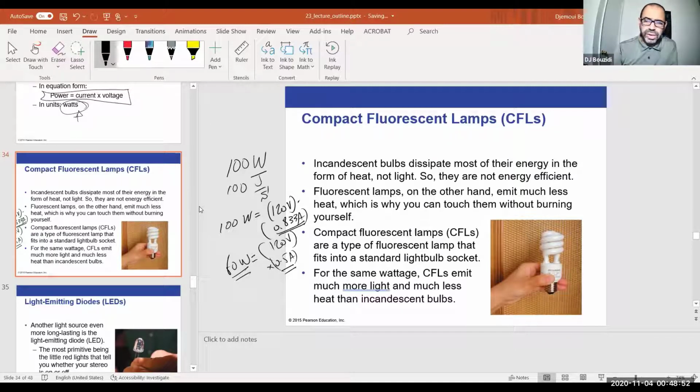So that is one issue. Now this one, they use a completely different technology, and they effectively deliver an equivalent power to a higher value, but running less current, okay? So they don't use resistors in this case. They use fluorescent lamps. So it's not this formula that you're going to rely on, okay?